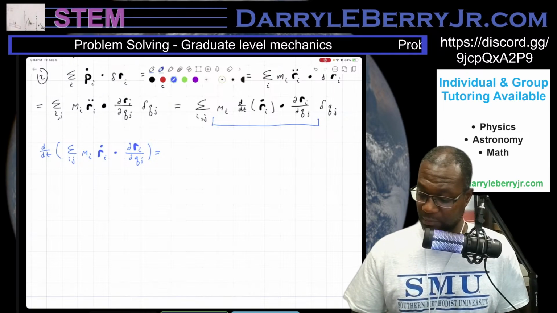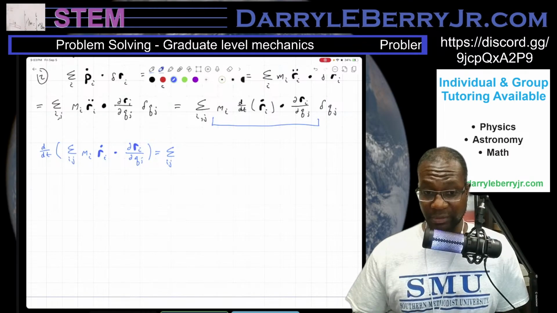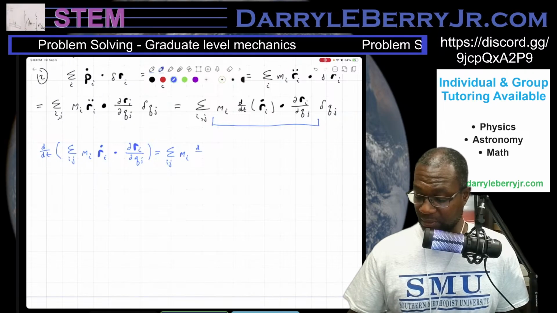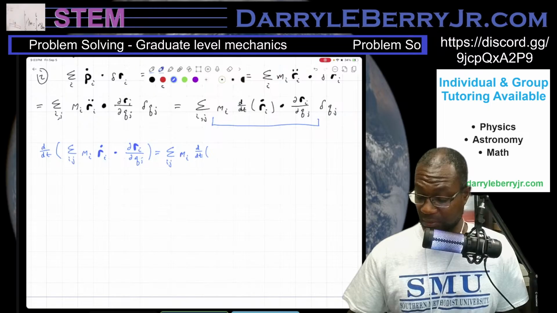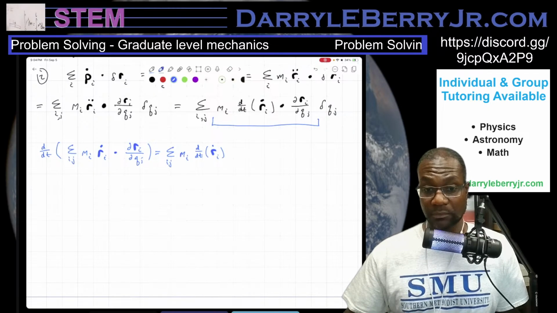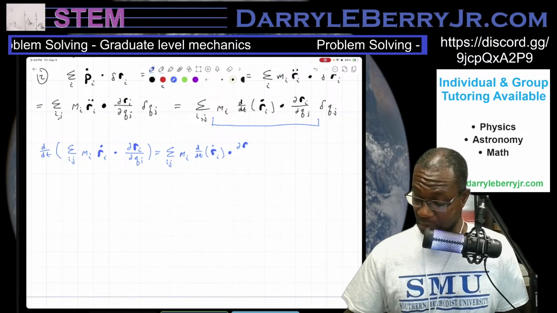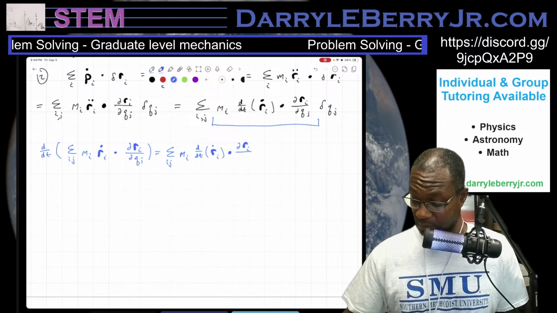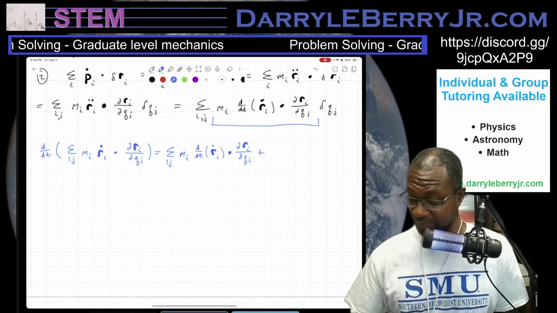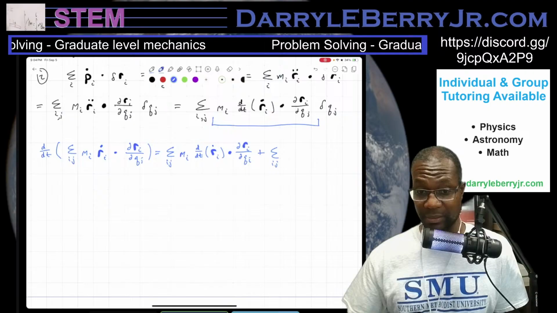We will end up with the sum over i, j. I'm going to first take the derivative of the first part. m_i is a constant, so it would be d/dt of r dot i first, still dot producted with ∂r_i/∂q_j. Plus, now I have to dot product the second half of this.